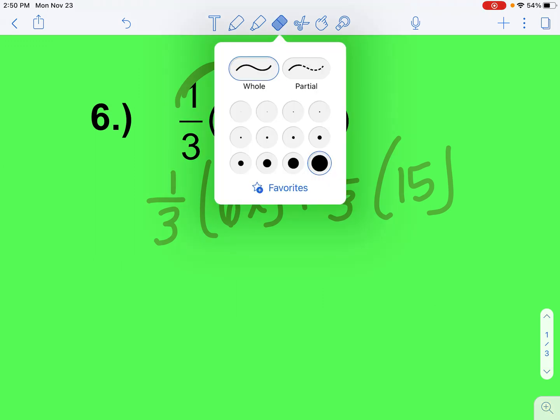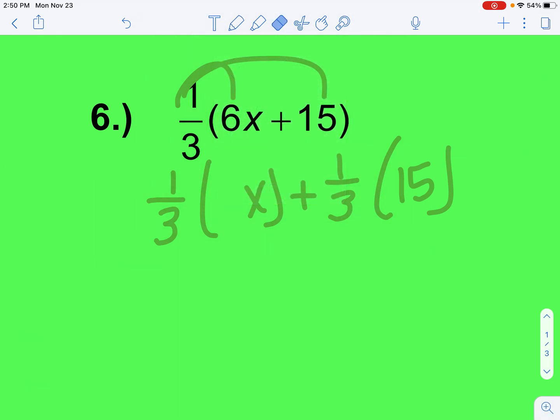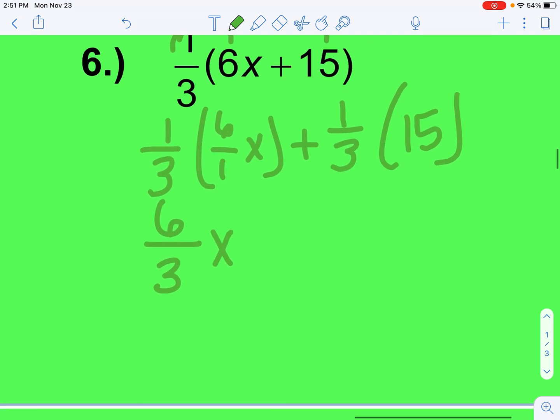I could rewrite this so that it's 6 over 1 times x. And now that I'm multiplying my fractions, I can multiply them and get my answer pretty easily. 1 times 6 is 6, 3 times 1 is 3, and then I still have the x on the end. But 6/3 really simplifies to 2x.